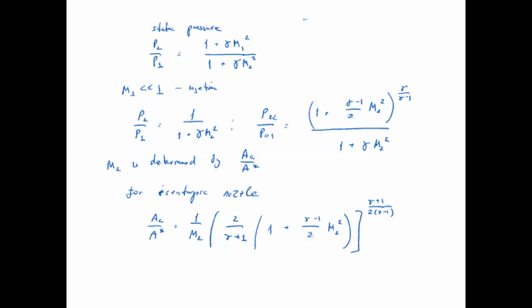After neglecting that, the final equations are only a function of the exit Mach number, M2. Using the M2 value, we can come up with the isentropic equation for the nozzle to calculate the ratio of the combustion chamber area divided by the throat area.